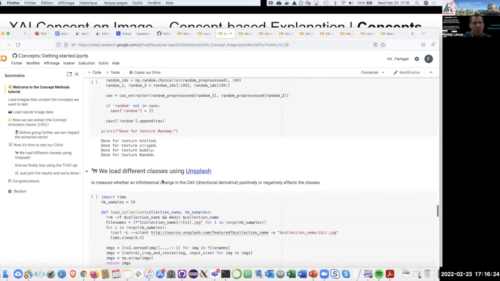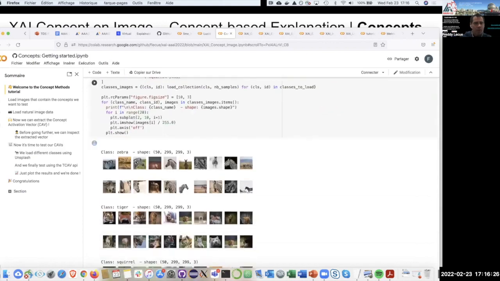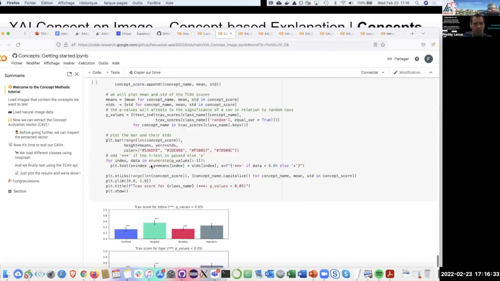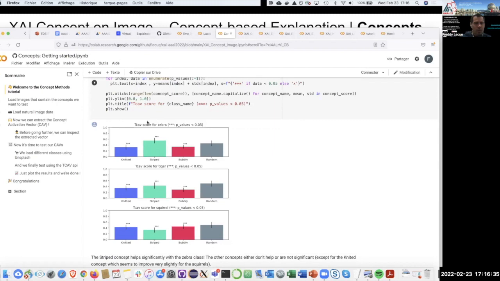And then when you test it, it says, okay, the class zebra and the class tiger, and the final result. They show, based on the class that you have, what kind of texture has been used, and that texture is their concept.